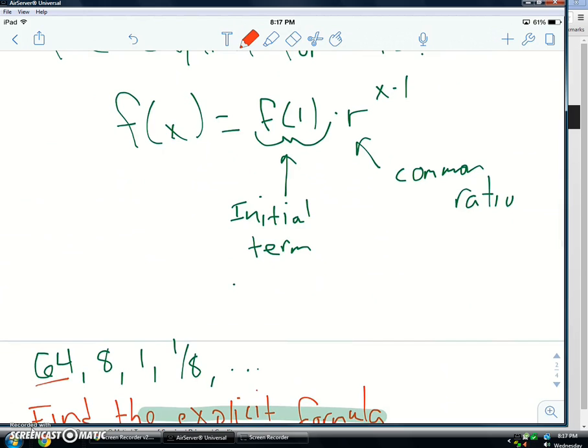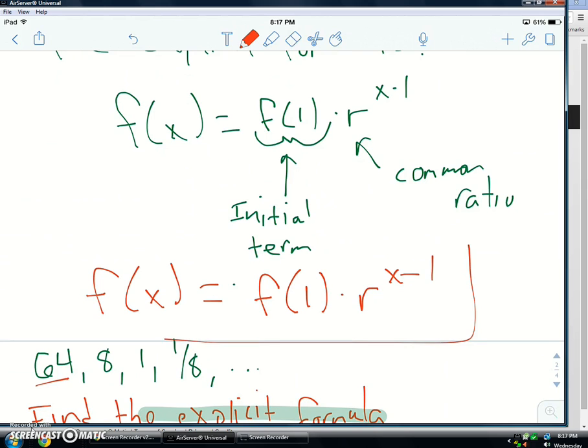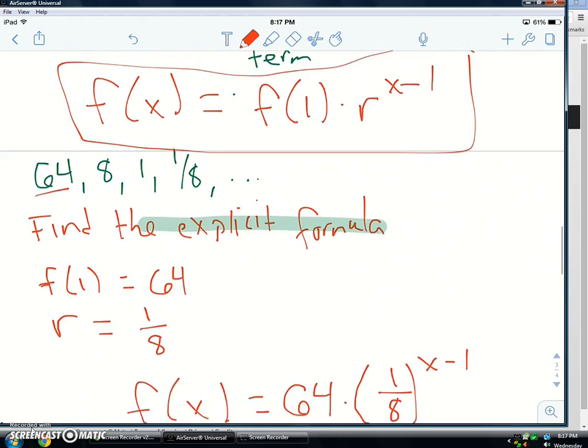I'm going to rewrite it right here. Having this formula for a geometric sequence, f of x equals f of 1 times common ratio r raised to x minus 1 power, is a wonderful thing to have circled or starred or something like that in your notes. All right, good stuff.